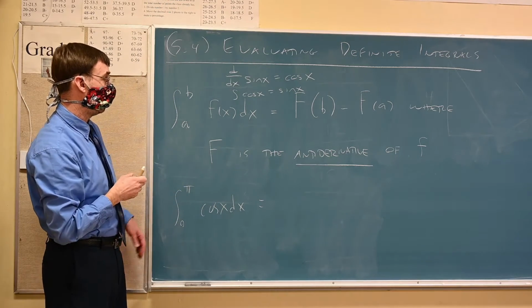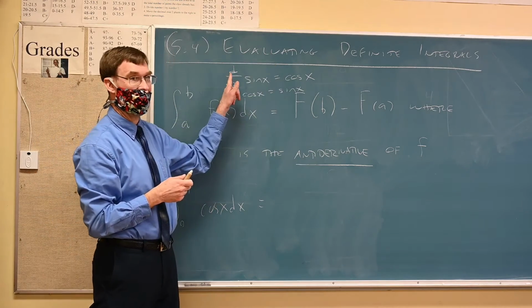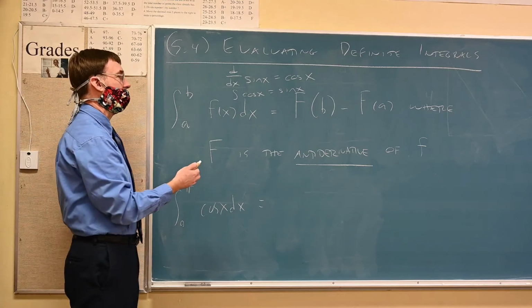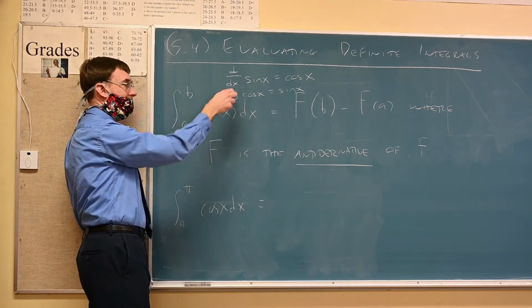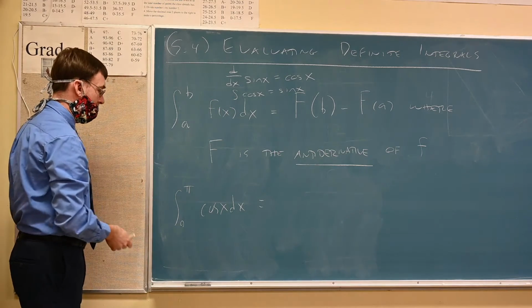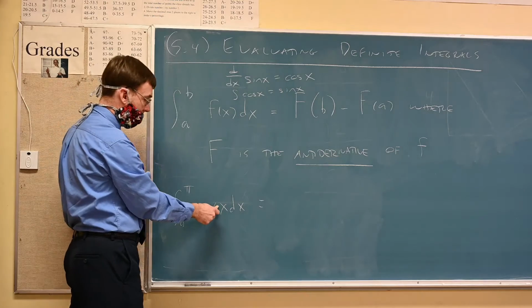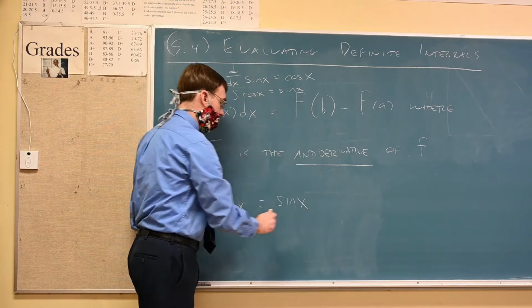Or you could do what you've probably been doing in the past, where you look up the derivative rules and try to run them backward. Now you have a symbol that you can use to express yourself forward and backward by two different symbols. But here we're trying to do the antiderivative of cosine, which I just gave away, is sine.